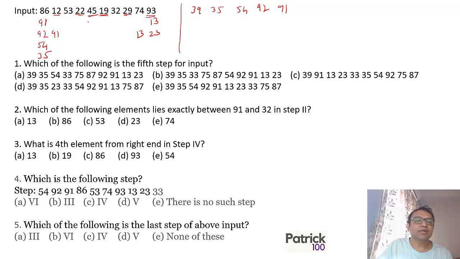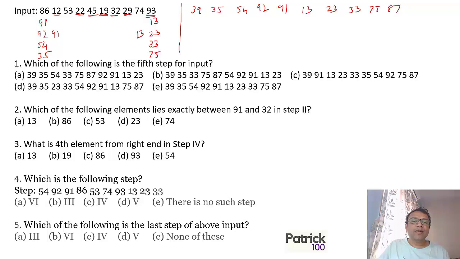Same with even numbers. What's the next largest even number? 32 will become 33. Okay, next even number is 74, will become 75, and the last will be 87. So 87 will go last, and 75, 33, 23, and 13. This is how the numbers are arranged in the last step.